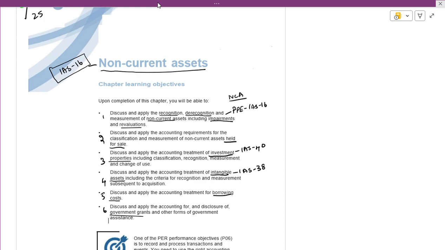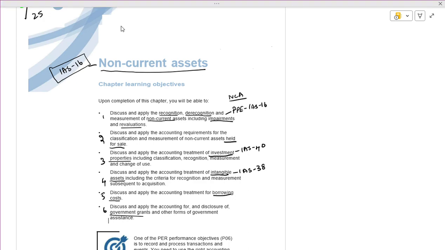When we talk about the concept of government grants, there is another one as well, with respect to CGU. We will talk about CGUs, cash generating units.